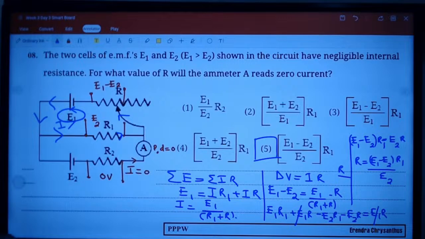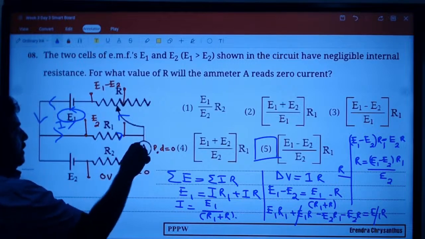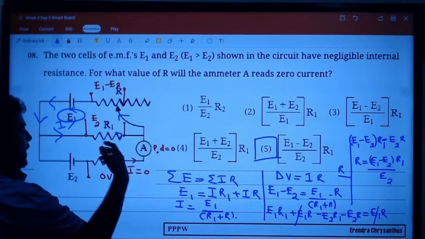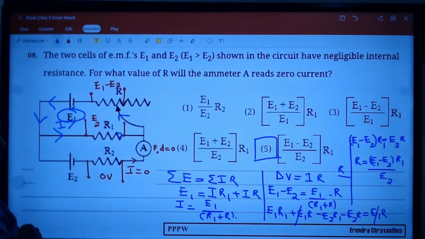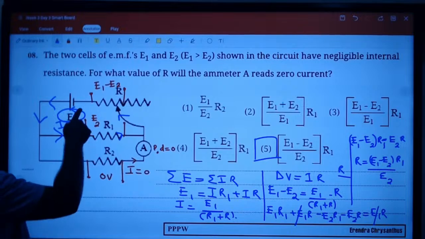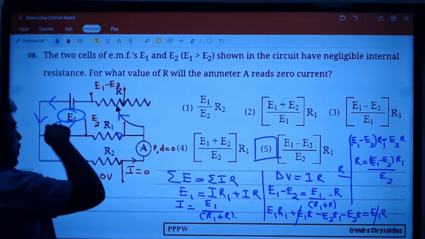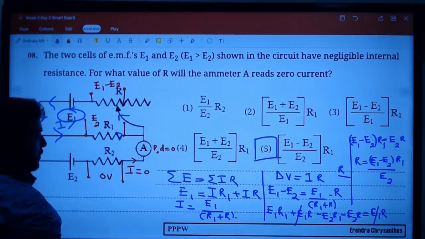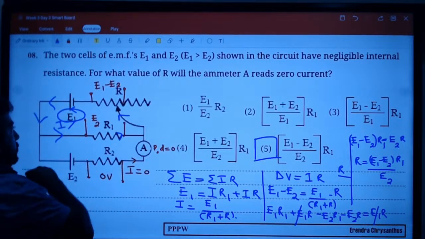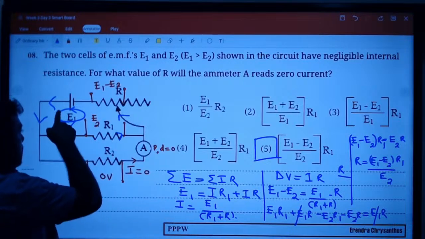Again, look at this. No current here means here voltage 0, here voltage anyway 0. So this voltage will go across that. Then there is no current coming this way, all the current will go across this. Apply Kirchhoff. You all know Kirchhoff. Minus to plus. Positive.